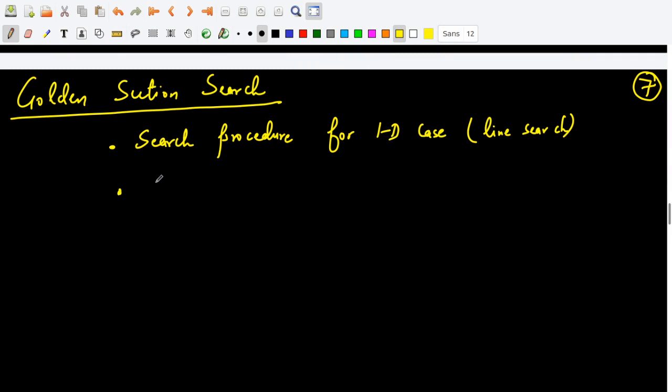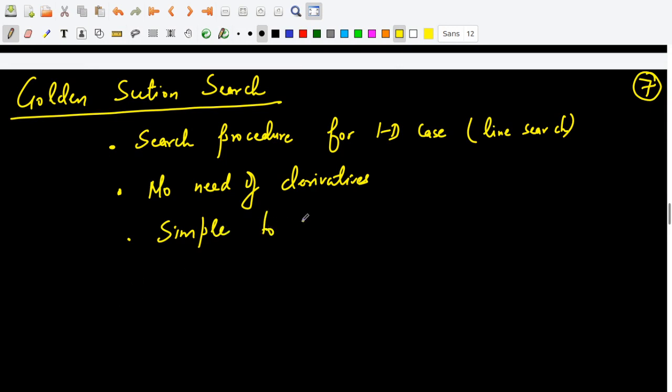It doesn't need derivatives. So that means it is easy to implement, but at the same time it might be slower than other methods, but it is quite simple to implement.